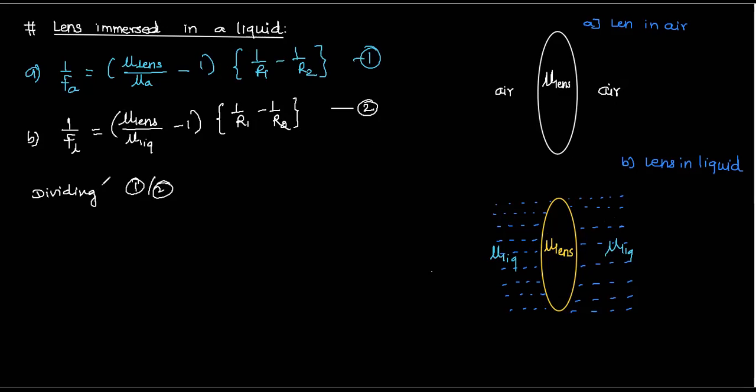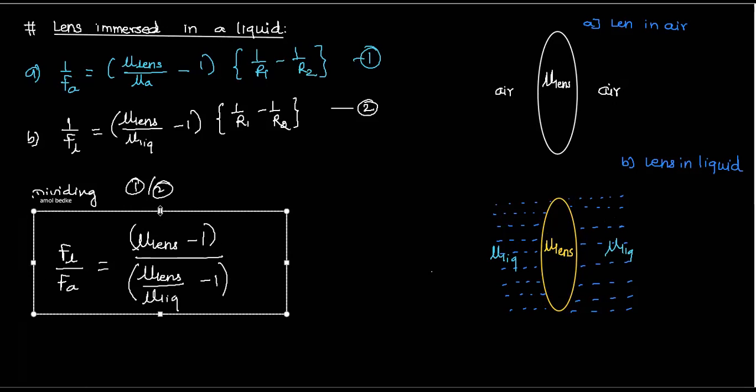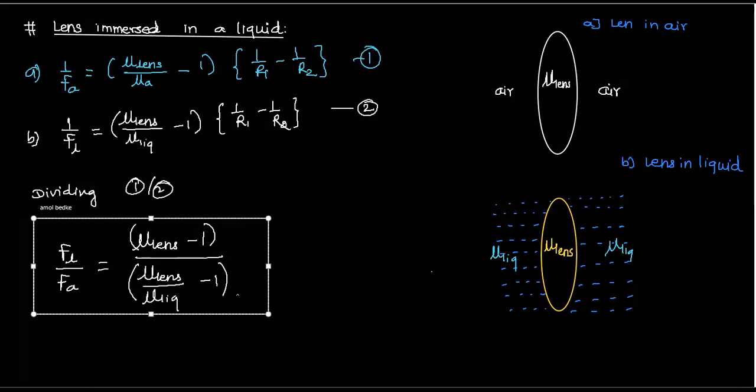If we divide, we will get, directly I am writing now, FL divided by FA is equal to mu lens minus 1, divided by mu lens by mu of liquid minus 1. Right?